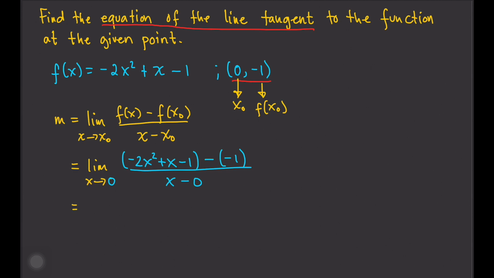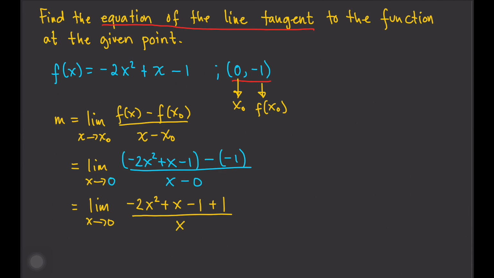So that equals the limit as x approaches 0. Then we will simplify the numerator. That gives us negative 2x squared plus x, and you have minus 1 minus -1, that gives us plus 1, over x minus 0, which is x.